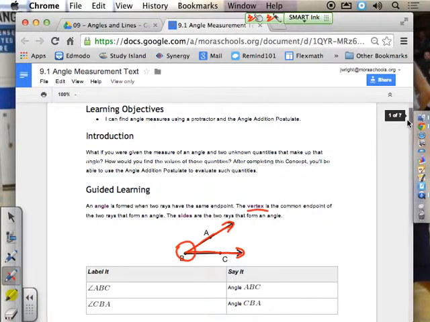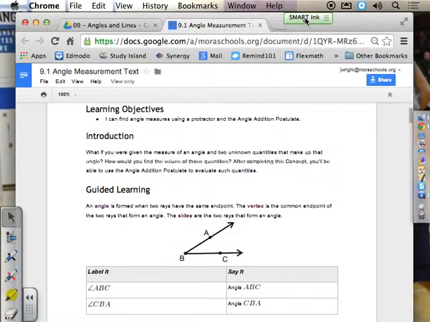So we have two rays, ray A and ray C, right there, and they form an endpoint at B, and together they make angle ABC or angle CBA. All right, you can say it. Angle ABC, angle CBA. There is the angle sign, okay, which we've already gone over.